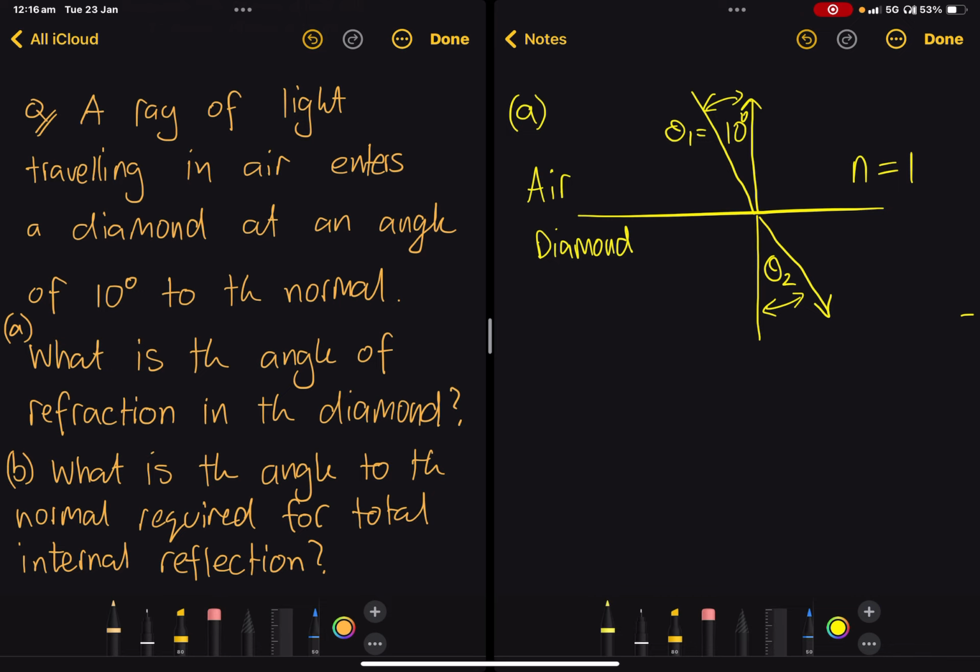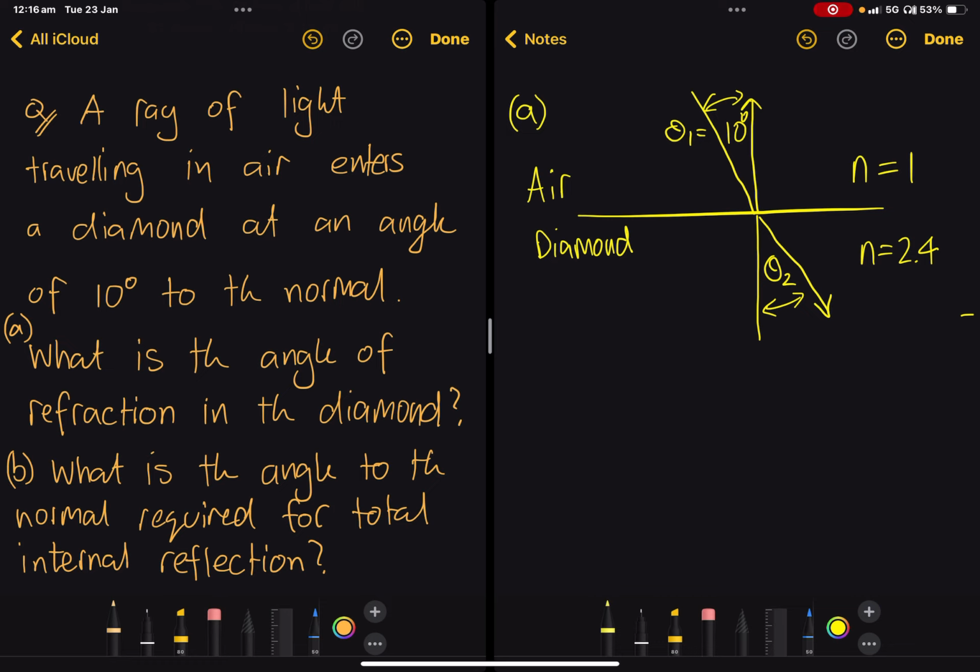So we say n is equal to 1 for air, and this has a few different names, but we're just going to call it the index of refraction. Diamond's index of refraction is about 2.4. You'll sometimes see this as 2.2, sometimes 2.5. These numbers can vary a little bit, depending on specifically what you mean by diamond. But we are going to say that air is 1, diamond is 2.4.